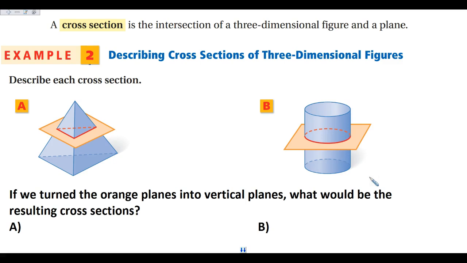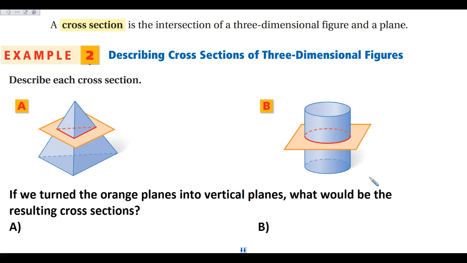If you slice it right in half and look at it from the top, all you're looking at is a 2-dimensional figure. You see a circle. That is a cross section of an orange. It's a circle.